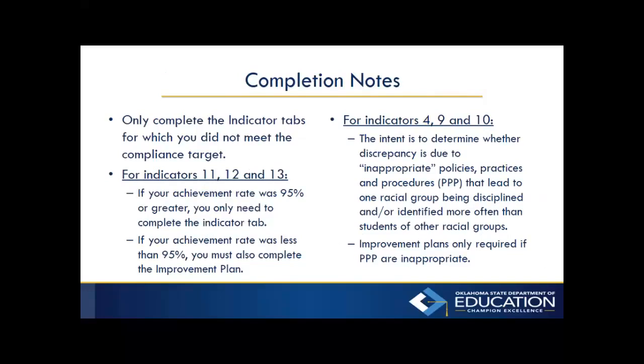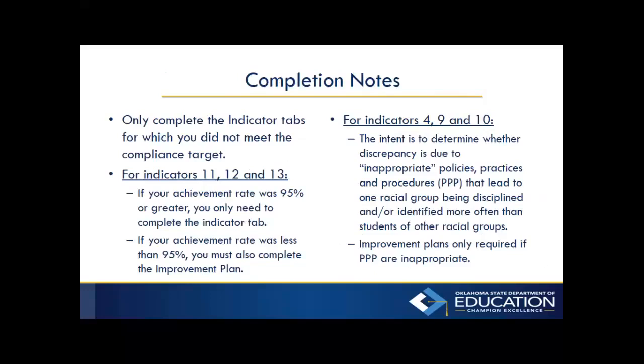For indicators 4, 9, and 10, the intent is to determine whether the discrepancy is due to inappropriate policies, practices, or procedures that may have led to over-identification in one or more racial groups for discipline or identified for special ed.